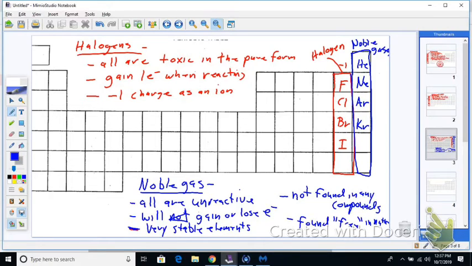They're just naturally in the air. If you cool the air enough, then you can isolate them, but you have to get them really, really cold to do that. Okay. Some of these later ones are found in compounds. I think xenon's found in a compound. But pretty much the rest of them are found by themselves. All right, so we have that information that I gave you.